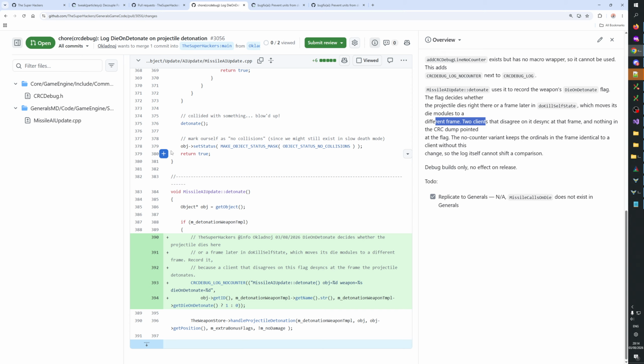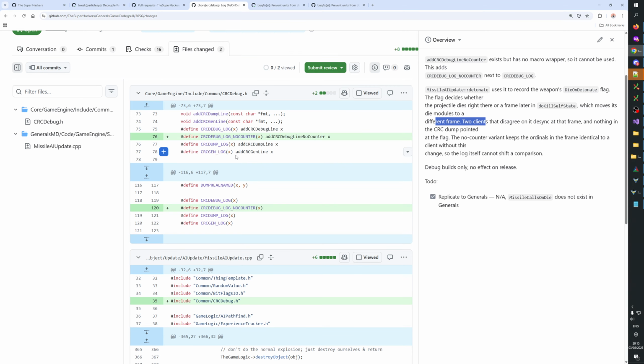It decides whether the projectile dies here or a frame later in do kill self state. Different frame. Lock knockout.